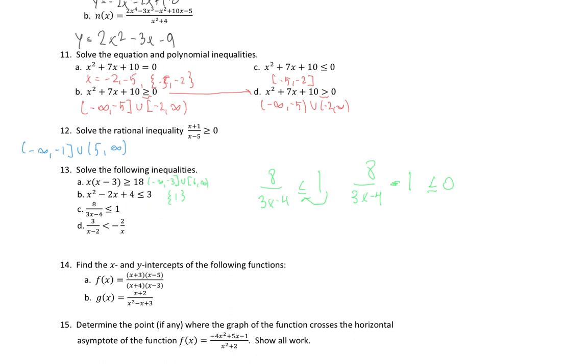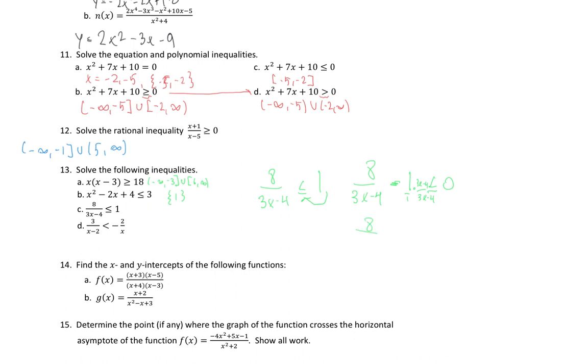And then for this 1, I'll multiply by 3x minus 4 over 3x minus 4 so that we have a common denominator. We can combine these fractions. I can multiply here because 3x minus 4 over 3x minus 4 cancels itself. I'm not doing anything to both sides.